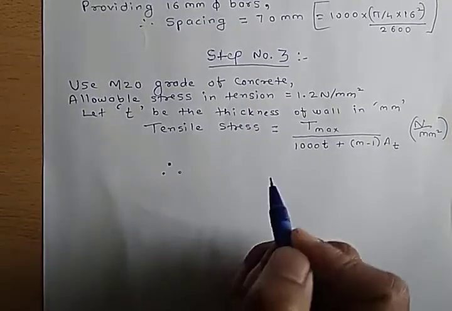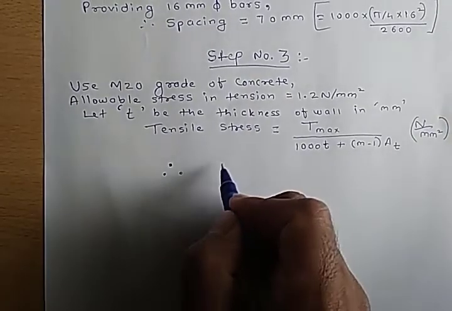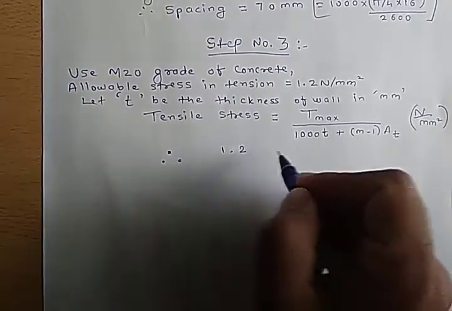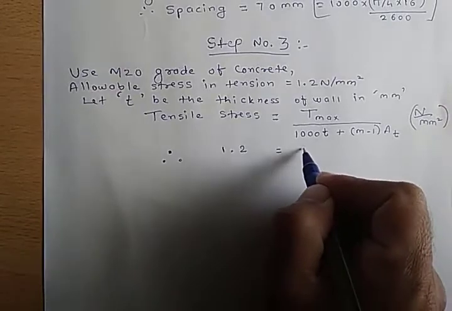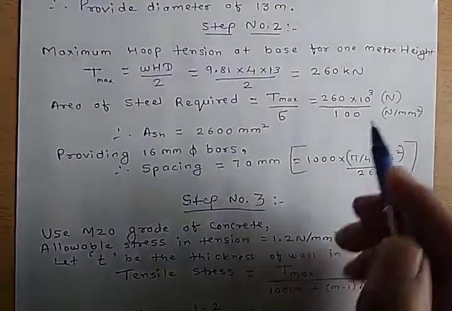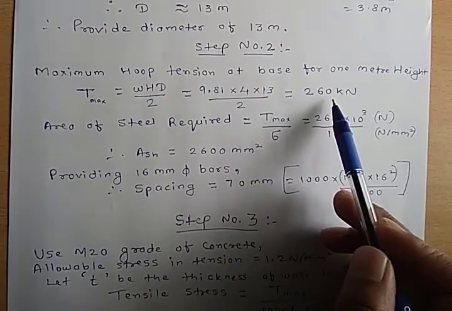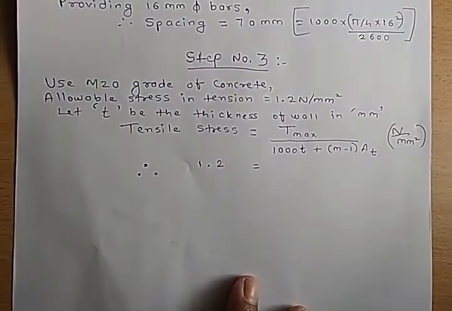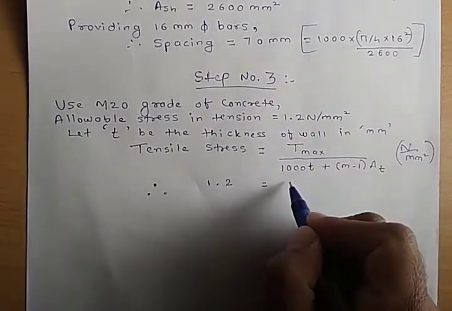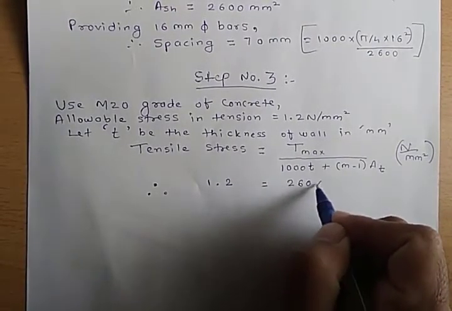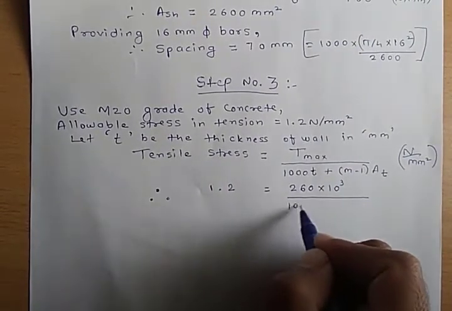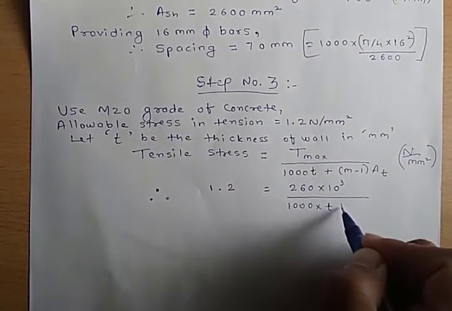So for tensile stress, we got the allowable tensile stress as 1.2 Newton per mm square. T max we already got, 260 kilonewton, so we need to convert it: 260 into 10 raised to power 3, converted in Newton.